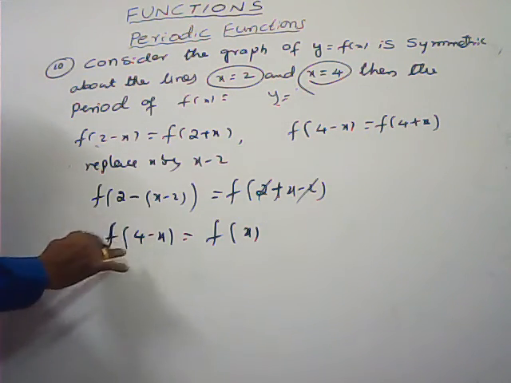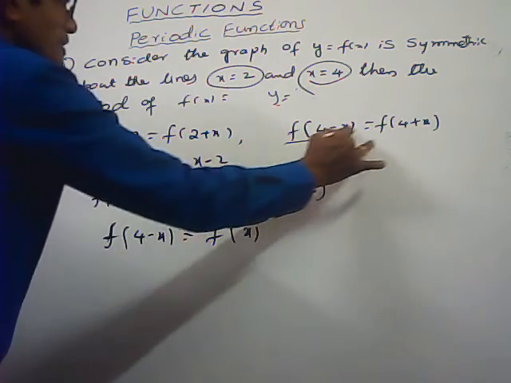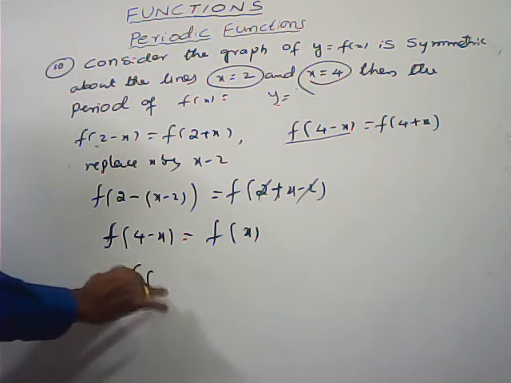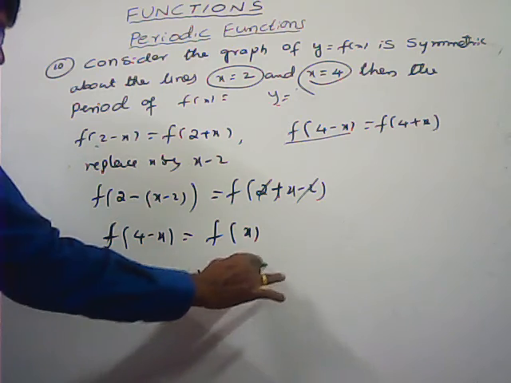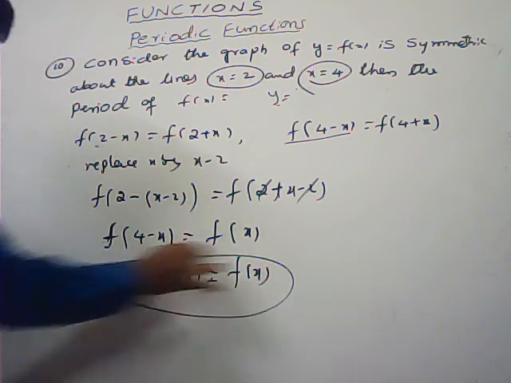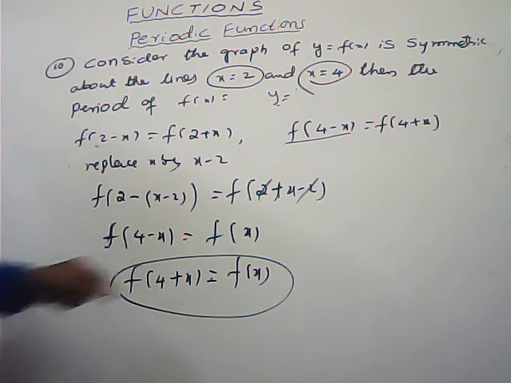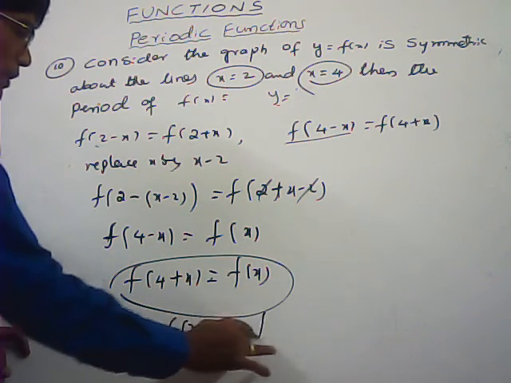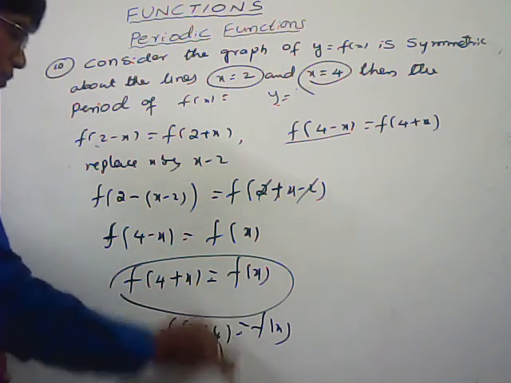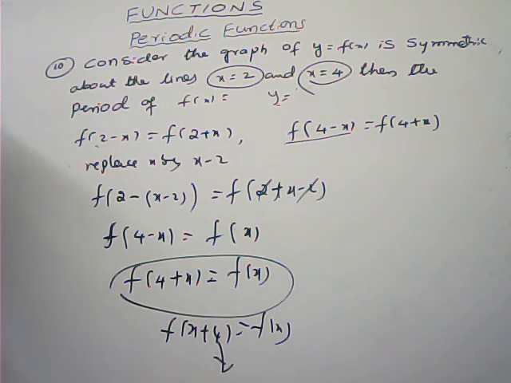Now from the second relation, f of 4 minus x equals f of 4 plus x. Both are equal, that is equal to f of x. Now you can observe that f of x plus t, that is f of x plus 4, equals f of x. So 4 is the period of the function.